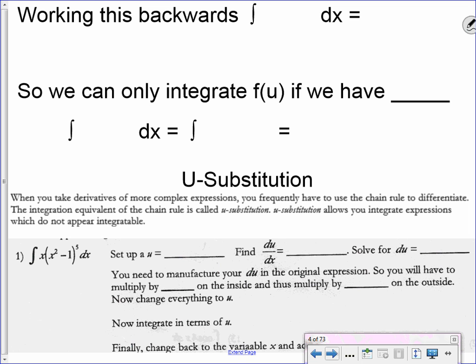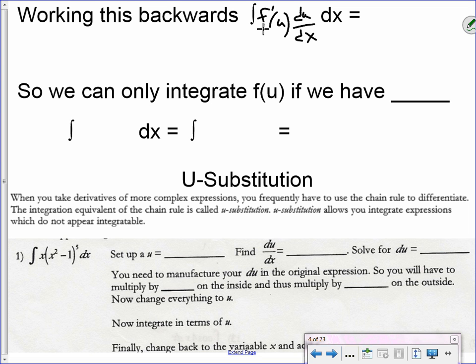So if we wanted to work this backwards, then the antiderivative of f prime of u, as long as I have du/dx here, well, first of all, let's see how it's going to look, because we're not always going to see a du/dx there. What do you think I can do to simplify this?